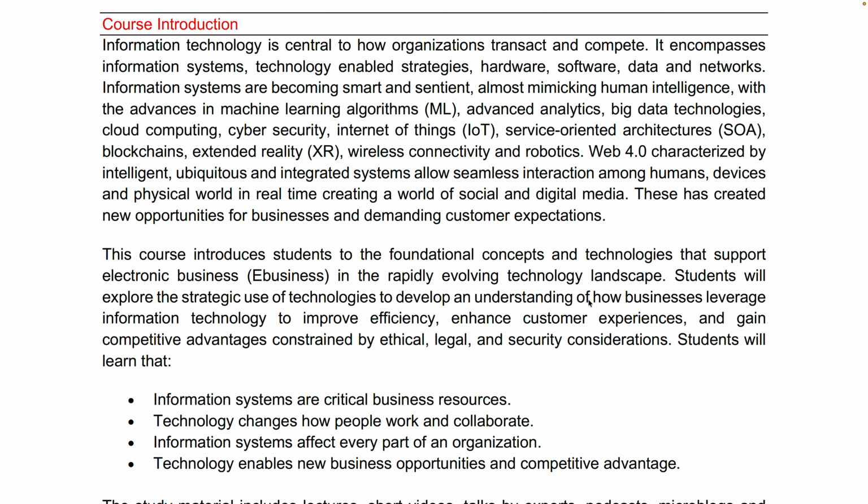Now the information systems which are developed and designed using the foundational components are becoming smart and sentient, almost mimicking human intelligence, which is enabled by the advances in machine learning algorithms, advanced analytics, big data technologies, cloud computing, cybersecurity, Internet of Things, which is nothing but the network of devices interacting with each other without any human intervention.